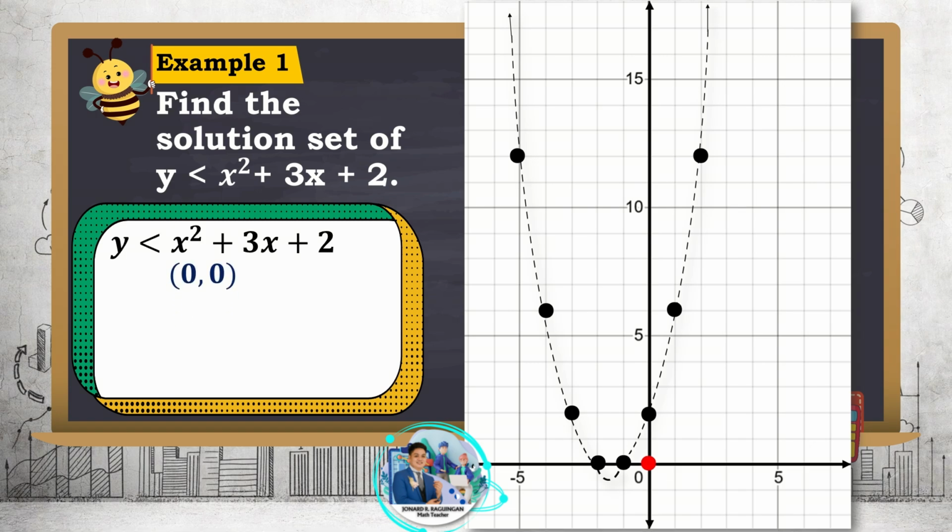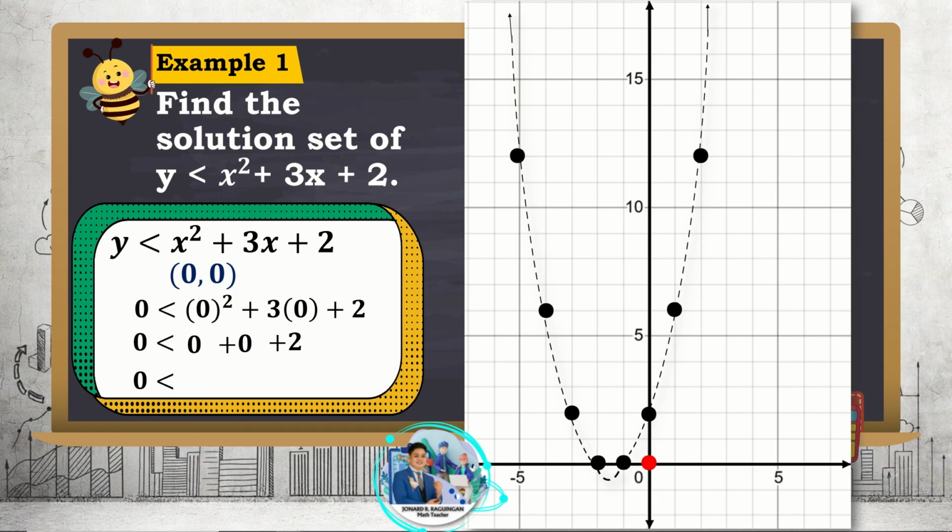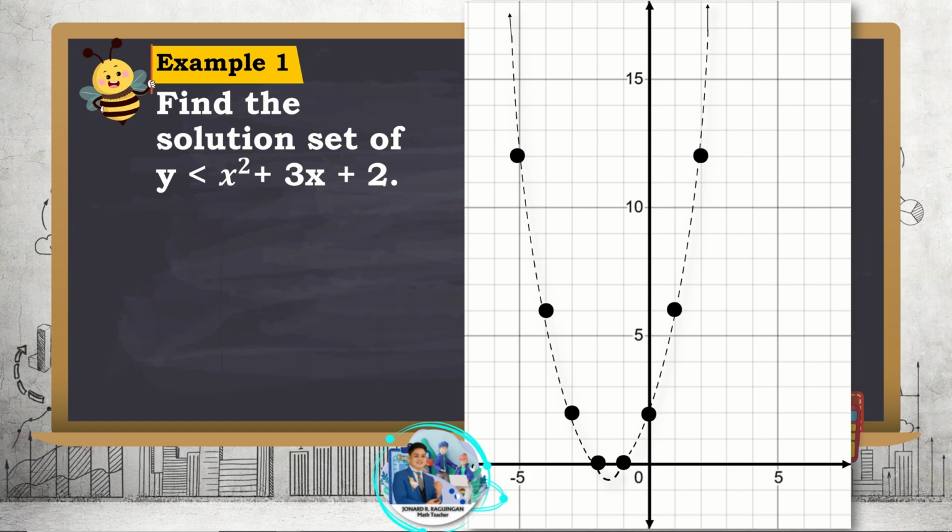If x equals 0 and y equals 0 are substituted in the inequality, then the mathematical statement is 0 is less than 0 squared plus 3 times 0 plus 2. Then simplify. Square of 0 is 0. 3 times 0 is 0. Plus 2. So, 0 plus 0 plus 2 is 2. The statement 0 is less than 2 is true.